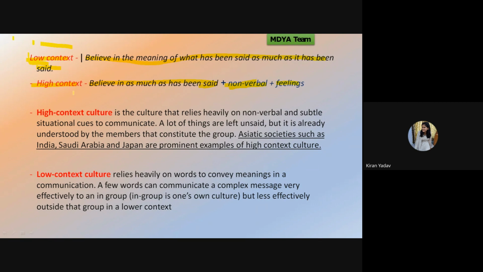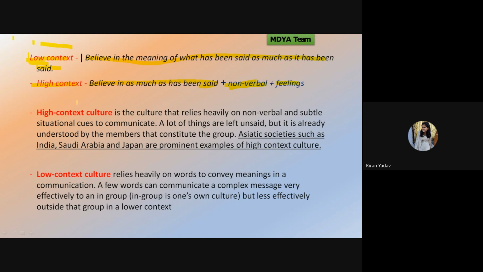But low context directly relies on the verbal message. In high context, people also understand situational context and indirect cues. Whatever you are not speaking verbally will also be understood. Non-verbal cues like facial expression, body language, gestures and tone also communicate.